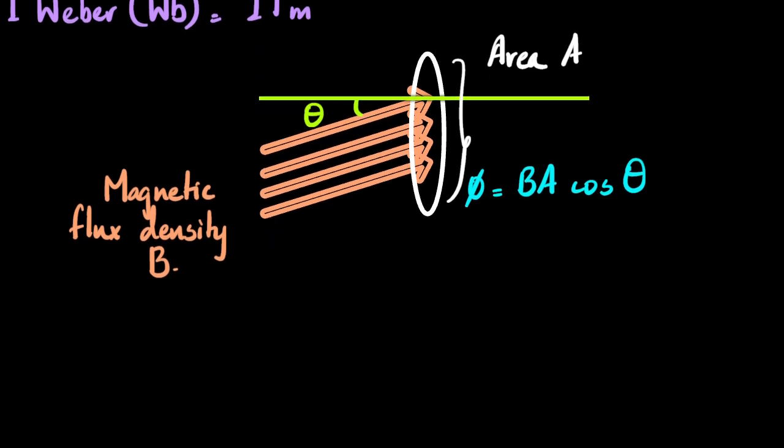And if we extend the same idea further to a coil, so this is some coil and let's say it has N turns here and it has some cross-sectional area A. So all the coils are the same size.